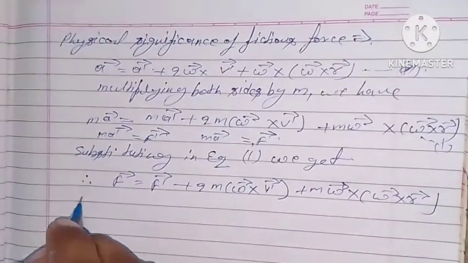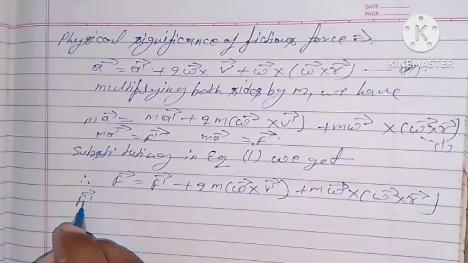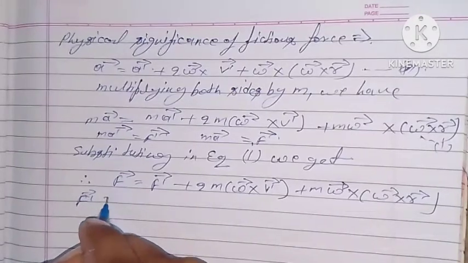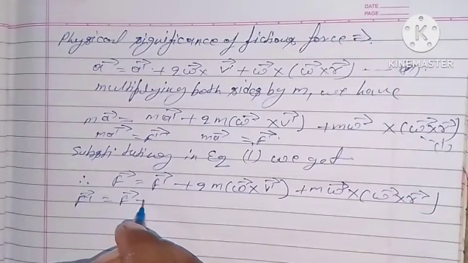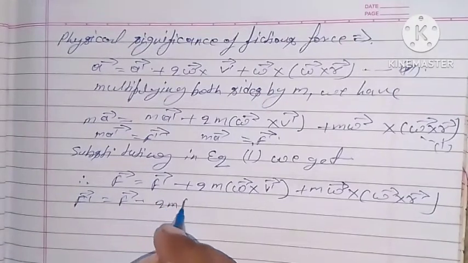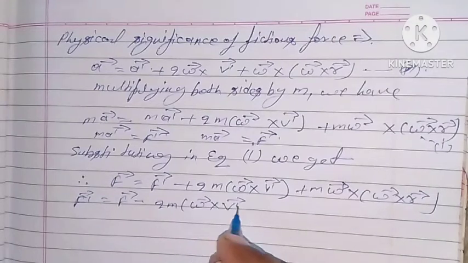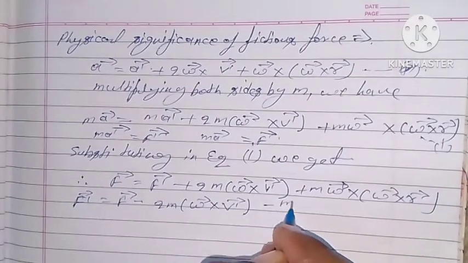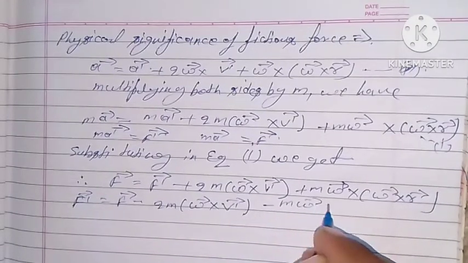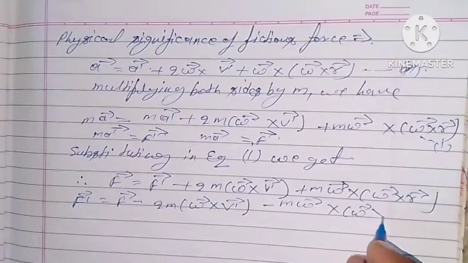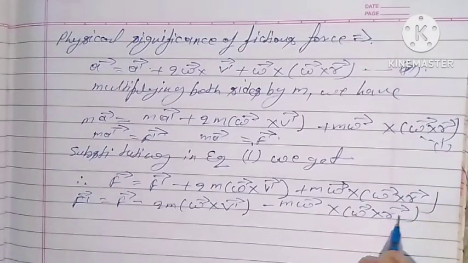So f dash vector equals vector f minus 2 m omega vector cross v dash vector minus m omega vector cross r vector.